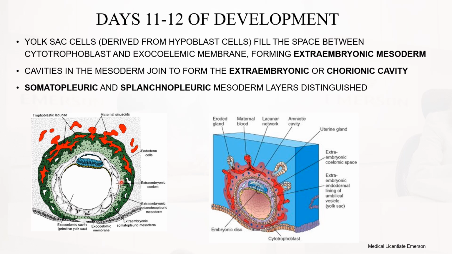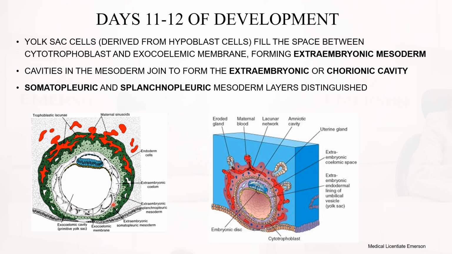Then this same extraembryonic mesoderm has two distinguished layers. Number one, we have the somatopleuric mesoderm, and you have the splanchnopleuric mesoderm as well.